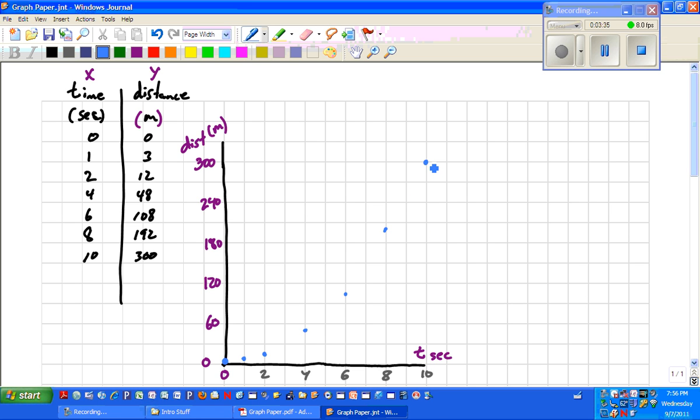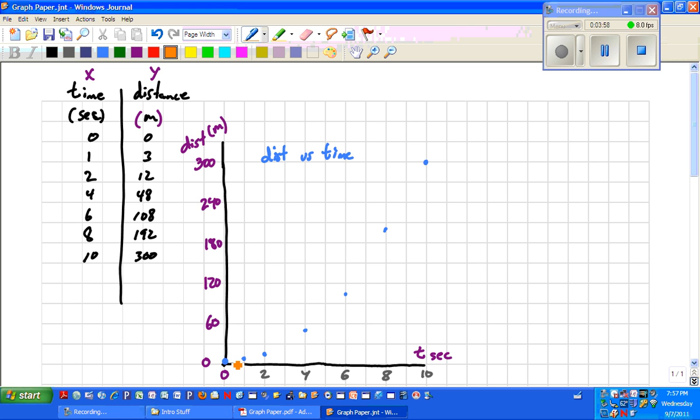10 and 300. So we've got distance versus time as our title. And certainly if I were able to take a straight edge and drop a straight line through this, let's try.